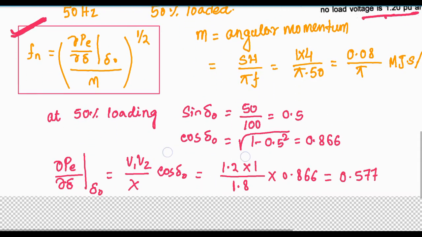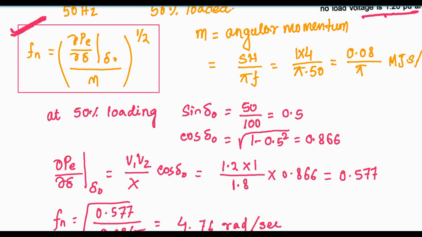Now at 50% loading, sine delta naught is equal to 50 by 100, that means 0.5. So what will be cos delta naught? It will be square root of 1 minus sine delta naught squared. So this will be square root of 1 minus 0.5 squared, and this answer is 0.866.